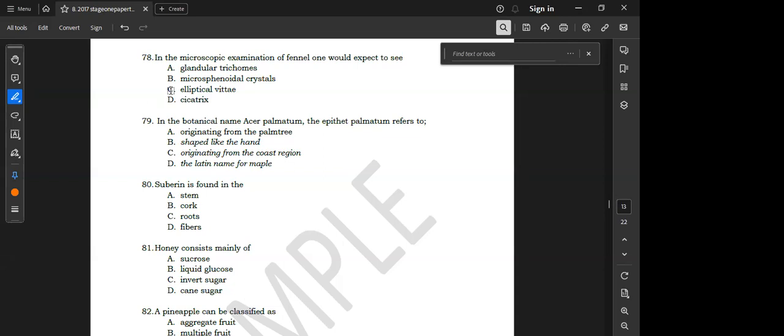It will be better if all of us are active and we finish the paper and move to the next thing. B, shaped like the hand. Okay, we can go with B.